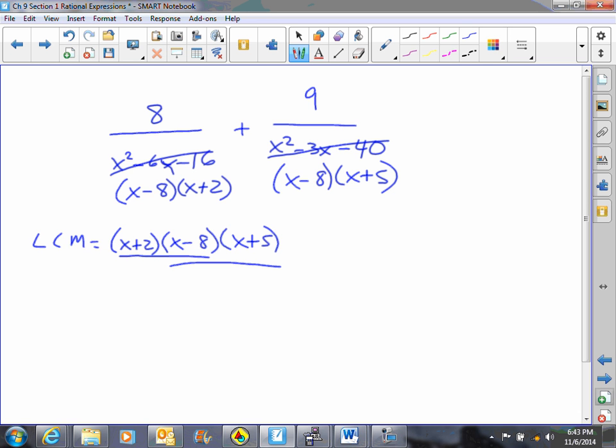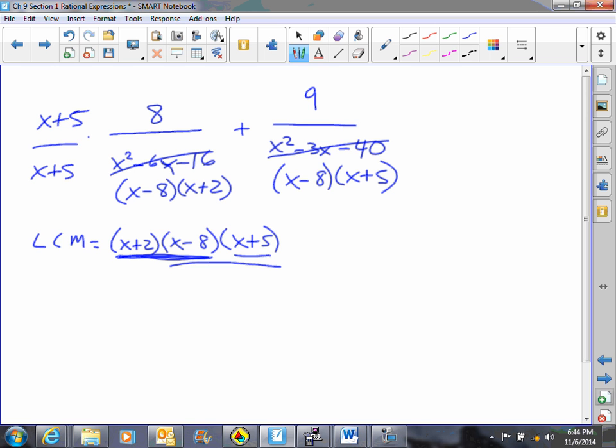So this is the smallest list of prime factors that contains the prime factorization of both denominators. So it's pretty easy to see that if this is the denominator of the first fraction, then it needs to be multiplied by x plus 5 to be the lowest common denominator. So we'll multiply by x plus 5 over x plus 5.